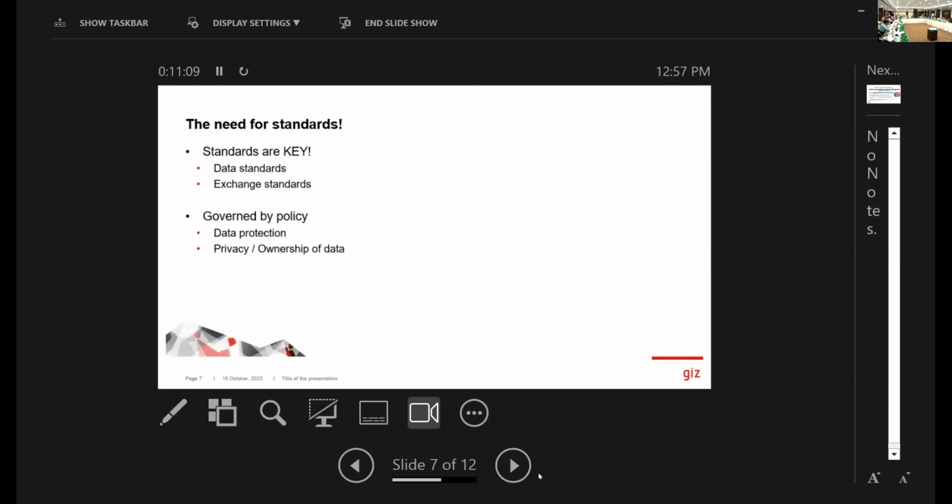IT is only implementing what is agreed in policy through the governance of these SP programs. So the standards are very important, but it needs to be led by the social protection programs and the policy processes there. Next slide, please.